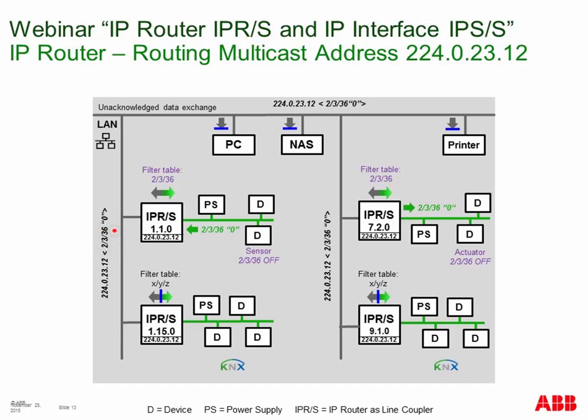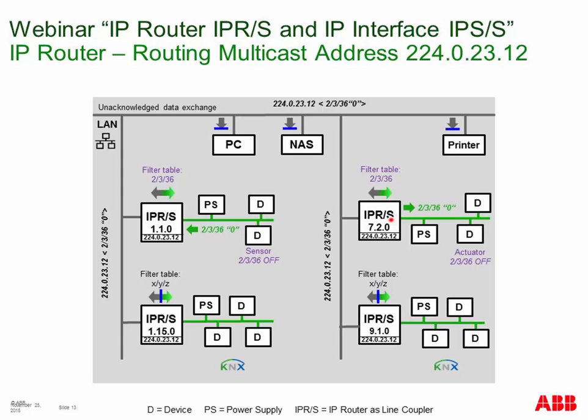Not only the group address, but also the multicast address will be added to this telegram. Sent on the IP network. And all other KNX IP components with the same multicast address, like these here, will receive the telegram. But only in this line, 7.2, this group address is also part of the filter table.